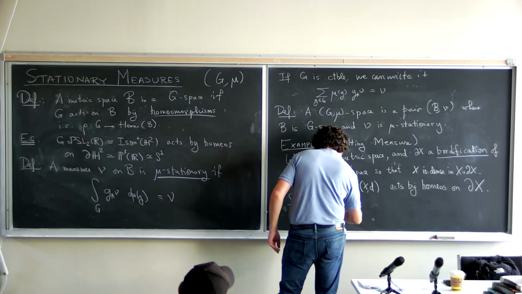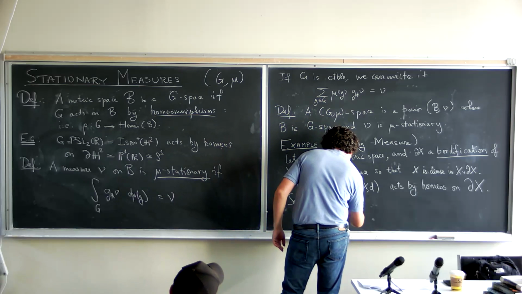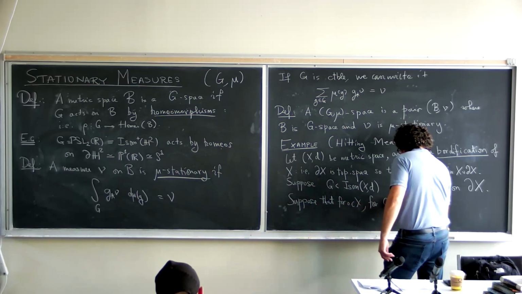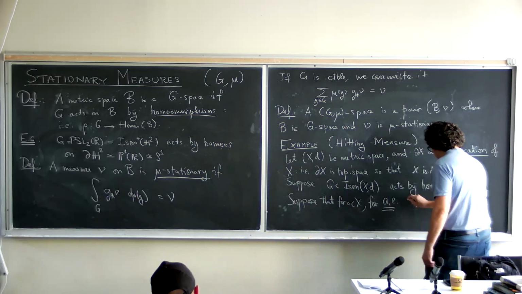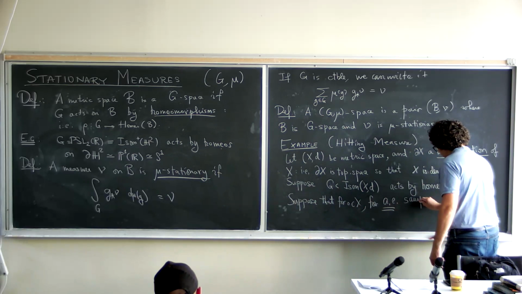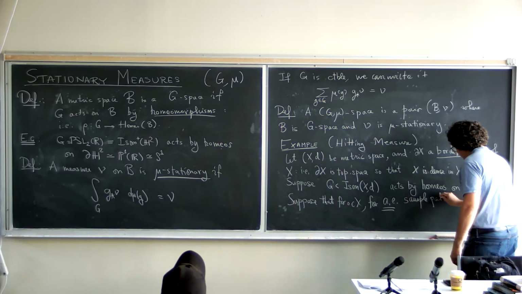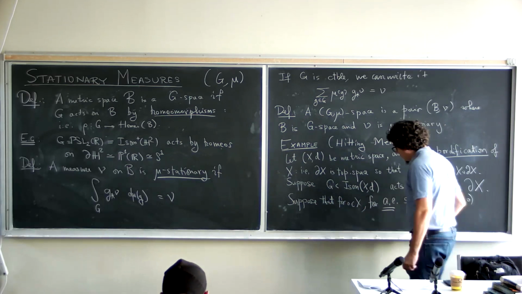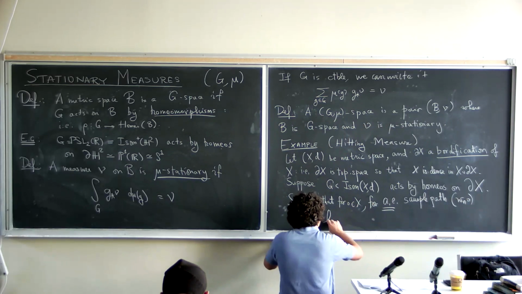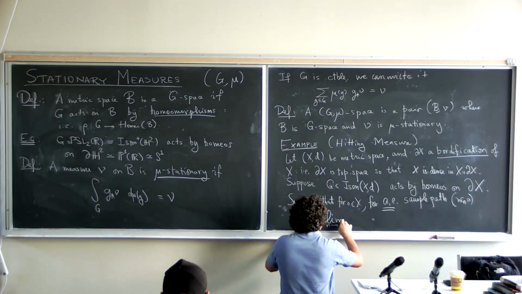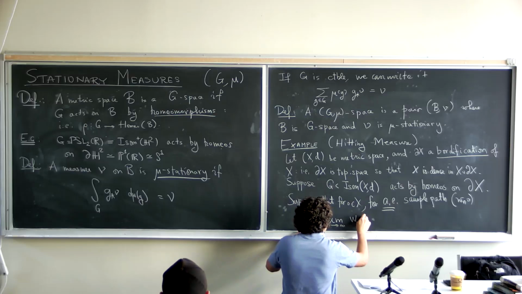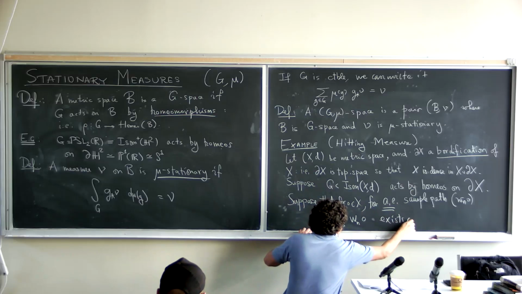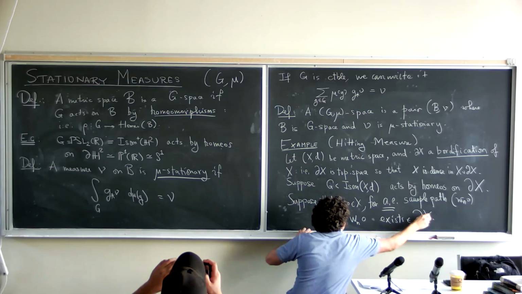Okay, and now suppose that for some point O inside and for almost every sample path, the limit as n goes to infinity of W_n O exists in the boundary.